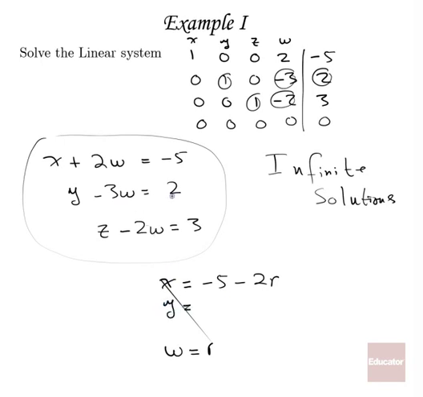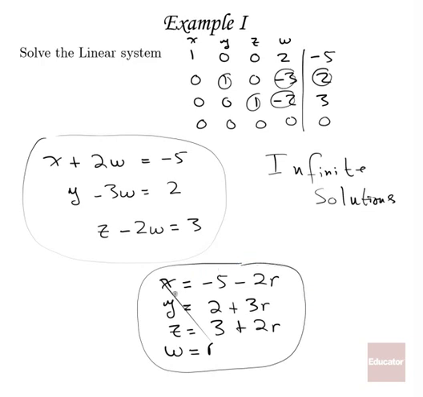Y is going to equal 2 plus 3r. And z is equal to 3 plus 2r. And these are explicit representations with all of the variables on one side and everything else on the other. This is an implicit relation because you can always solve it for one of the variables. That's all implicit means. These are your solutions, infinite number of solutions.